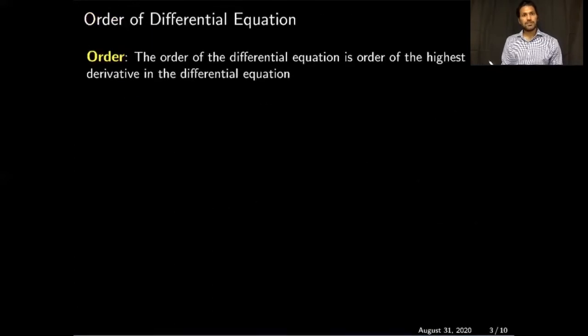The next definition is: what is the order of a differential equation? The order of the differential equation is defined as the highest derivative in the differential equation. For example, d square y by dx square plus xy square is equal to 0.